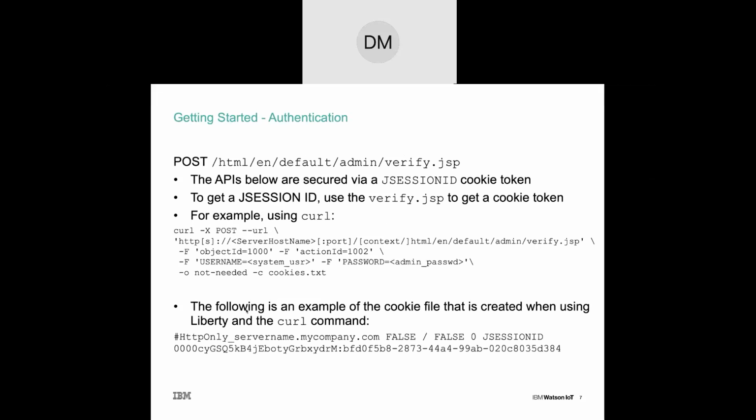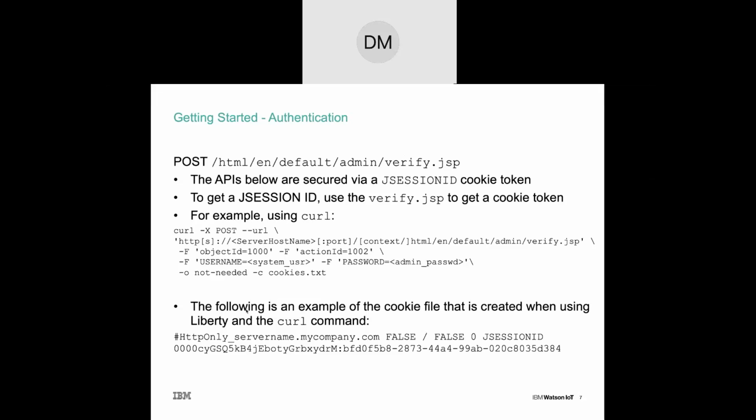So for example, using curl, you would make a curl command with the POST to the URL of HTTP, optional HTTPS, // your server host name with the optional port number, / the optional context, / HTML en default admin verify.jsp. So that is the URL you will use to get your authentication.